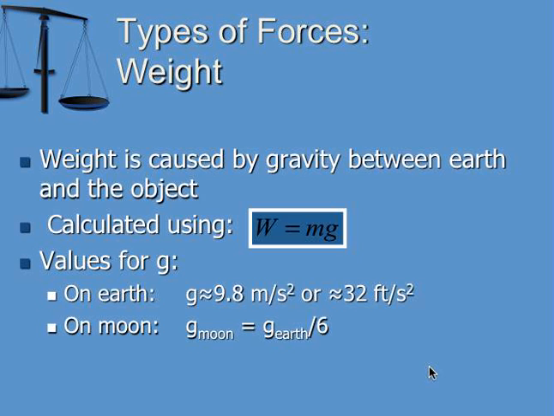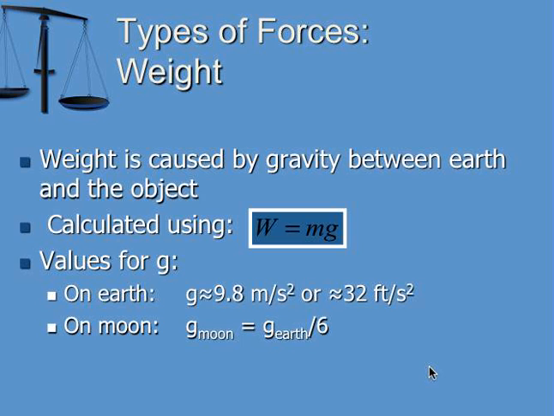So g varies from place to place, and so if you were to go say to the moon, the gravity on the moon is about a sixth of that here on Earth. And in other planets and so forth, gravity can be more than Earth, or on Jupiter it's significantly more than Earth. Venus and Mars have gravitational constants that are significantly less than Earth.